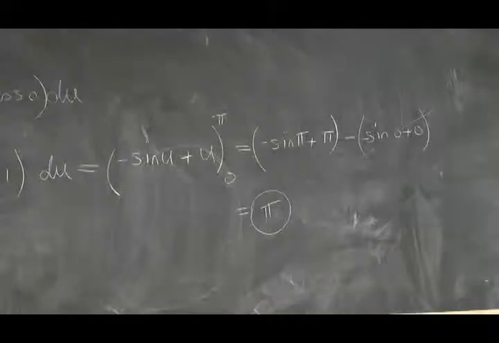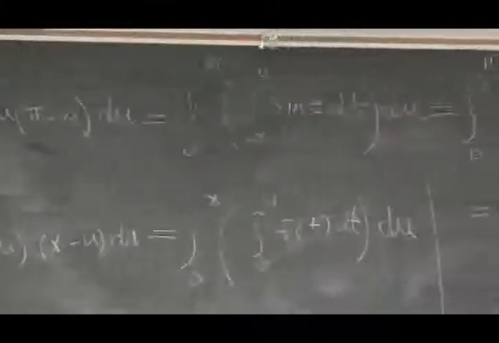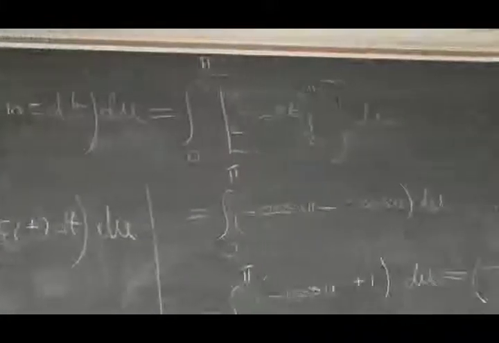Okay? It's just an application of the identity we just proved. This identity transforms one integral into another, where the second one is easier to do than the first. Yes? Can I show you something that we wrote before?